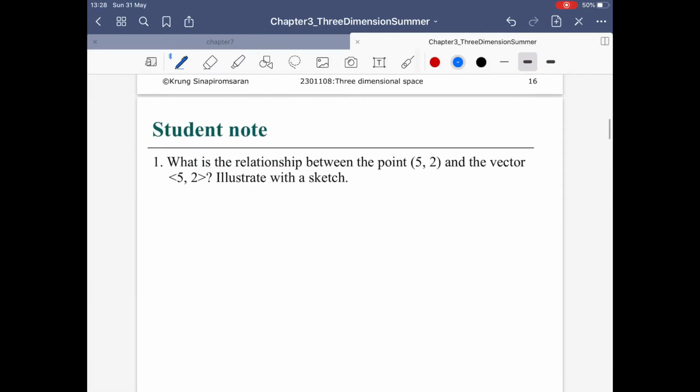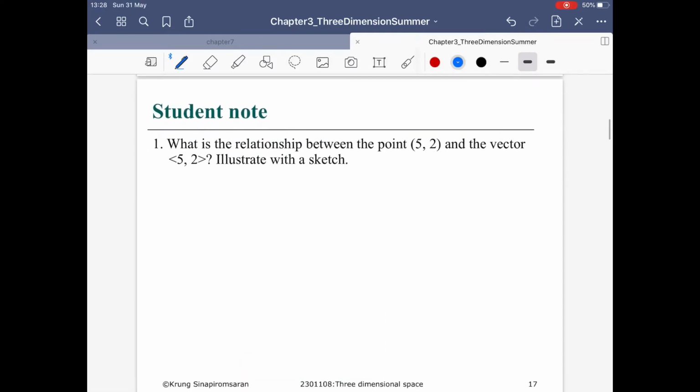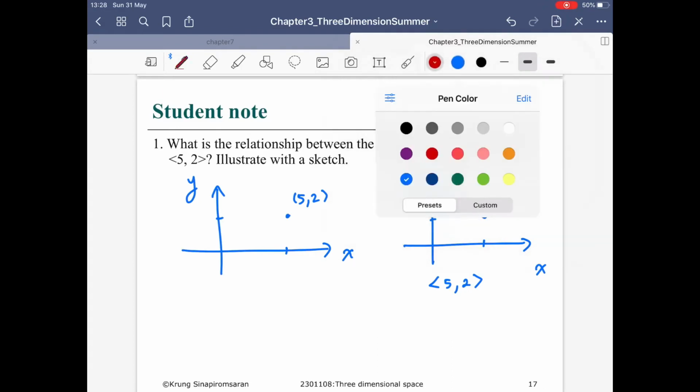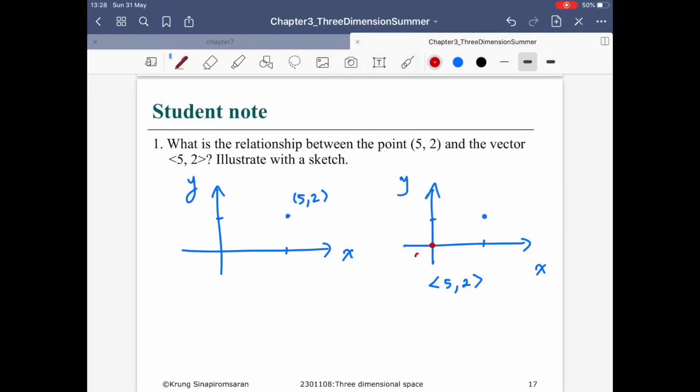Just one thing that we need to emphasize. Going back to your two-dimensional space, the point 5, 2 is simply a point. However, the vector 5, 2 is the one that starts at the origin and then terminates at the point 5, 2.